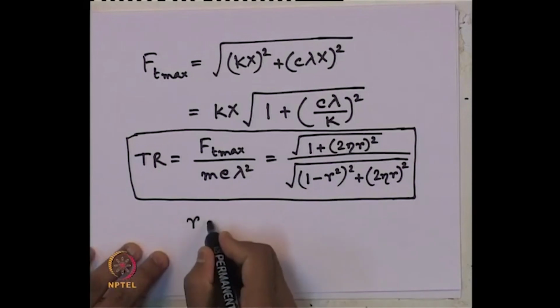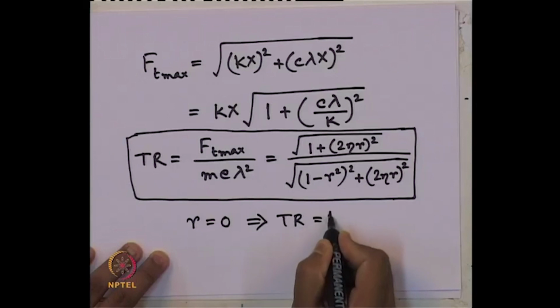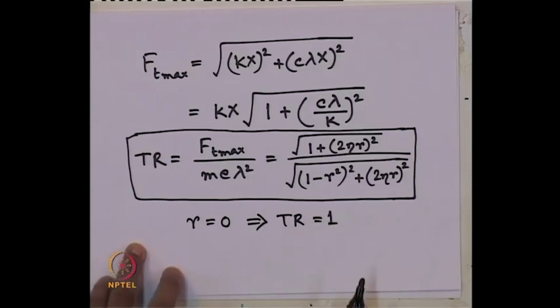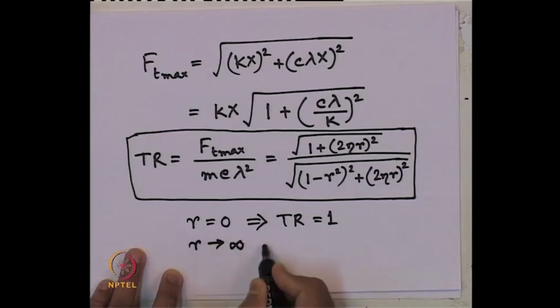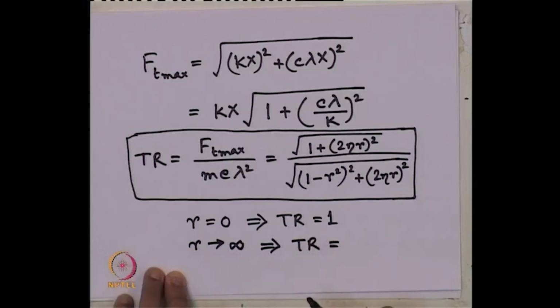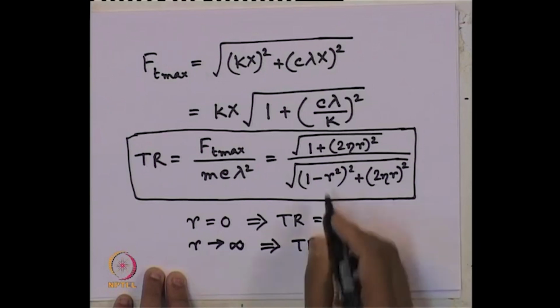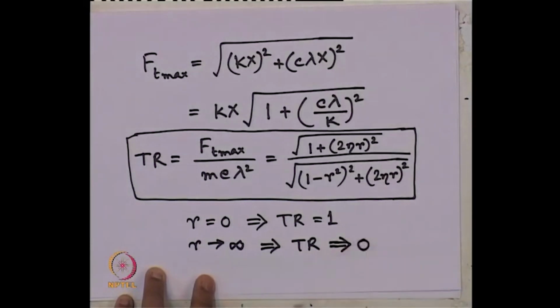We can see R equals 0 gives us TR equals 1, whatever be the value of damping ratio. And when R tends to infinity, what happens to the value of transmissibility ratio? It tends to 0.